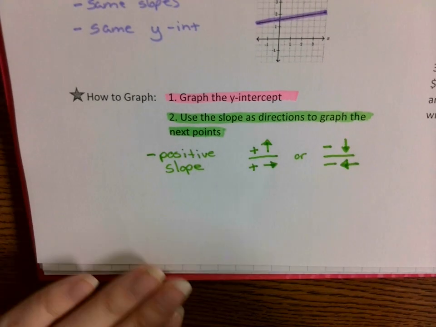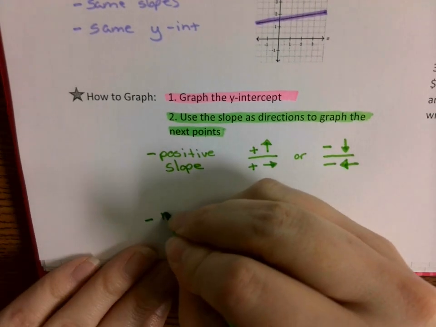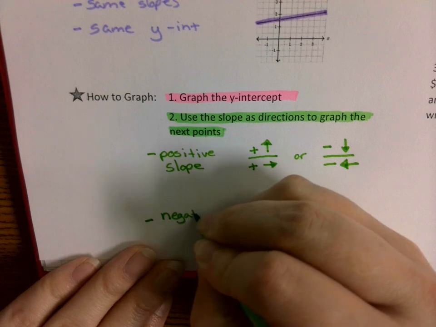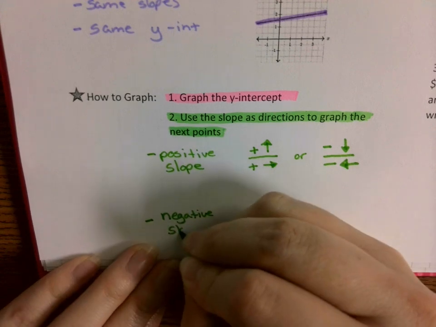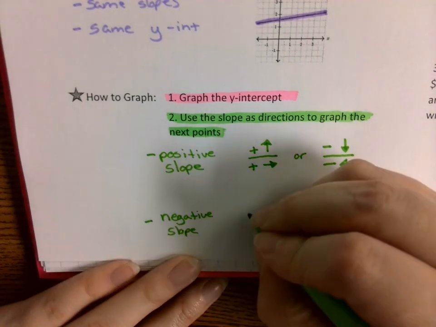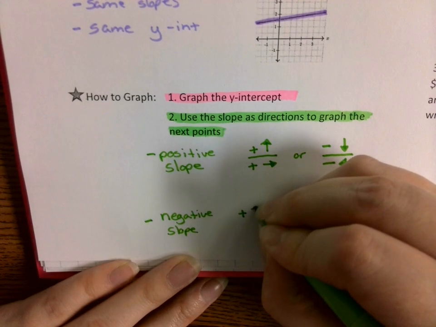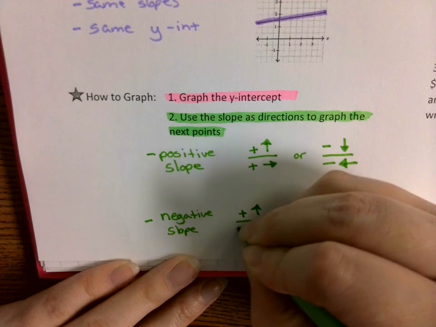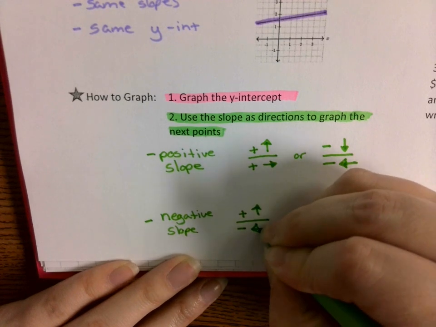If you are graphing with a negative slope, that means you have opposite directions. When you have a positive rise, it will be a negative run. So it means you will go up and to the left.